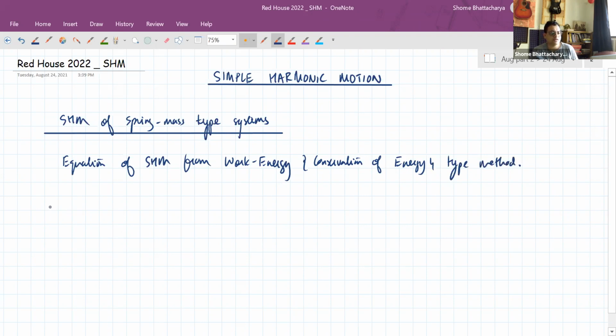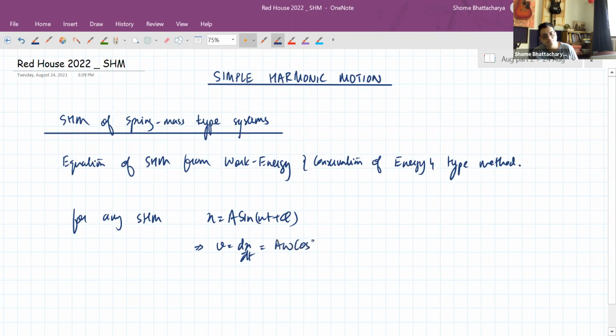So the background concept behind this is that for any SHM, x equals a sine omega t plus phi, if the body in concern, which is undergoing SHM, has a given mass.